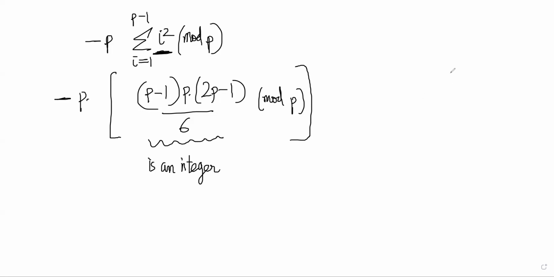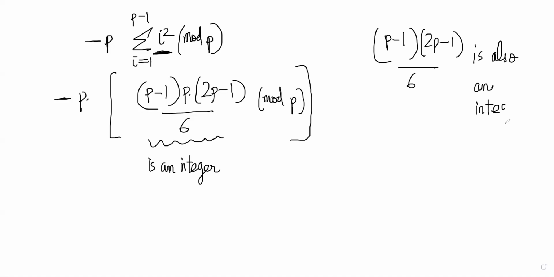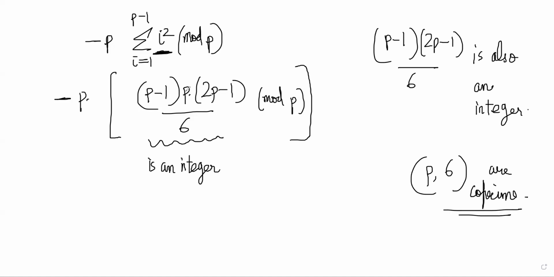Now, what we can say is that p minus 1 multiplied by 2p minus 1 divided by 6 is also an integer, because p and 6 are co-prime. If you do p by 6, there is no common factor that you can cancel here because p was a prime greater than 3. So p is 5, 7, and so on. p and 6 are co-prime.